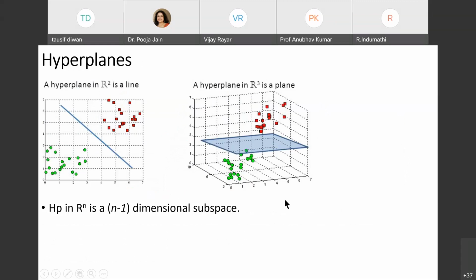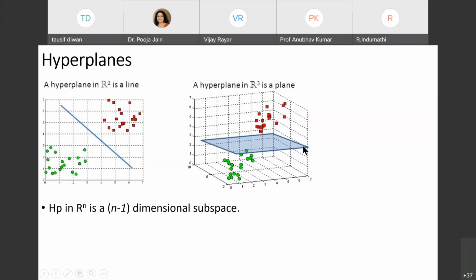Now see, what do we mean by hyperplane? Hyperplane is just a division. We take one example when this data is distributed in a two-dimensional plane. Okay, so this line is nothing but a separating hyperplane. If the data is distributed in three-dimensional space, just look at this: x-axis, y-axis, and z-axis.